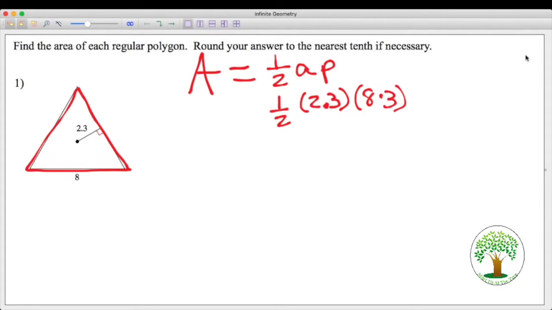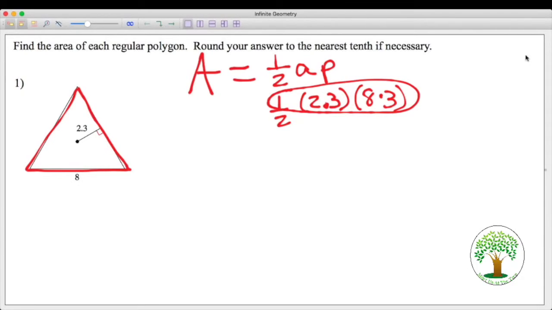I am going to give you some tips, because 2.3 is a decimal, so it's very likely you're going to use your calculator. I am going to give you some tips on how to put this in your calculator one time through and not have to hit equals a whole bunch of times. I'm going to suggest that you do all the numerator at the top, and then divide it by 2 at the bottom.